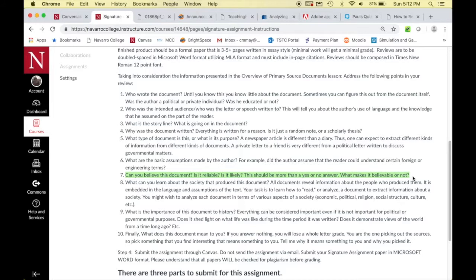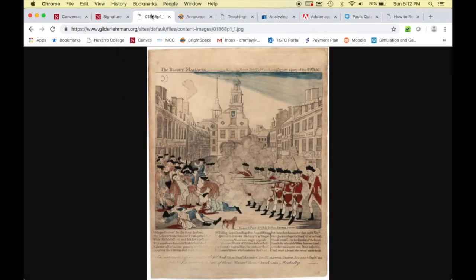And so, a lot of descriptions and actions you have to take with a grain of salt when you're thinking about the play Richard III. In this example, you have to take this, at least a little bit, with a grain of salt as well. So, when we look at the Boston Massacre, we have accounts.